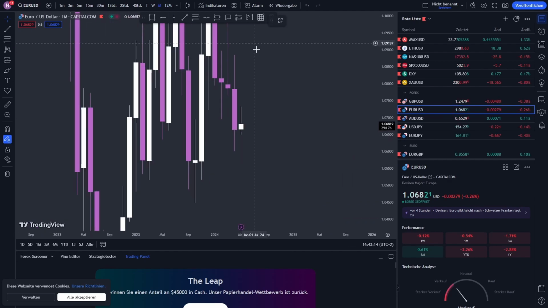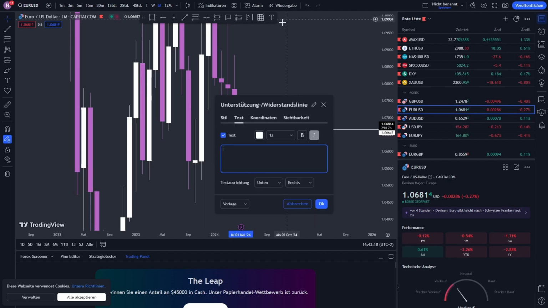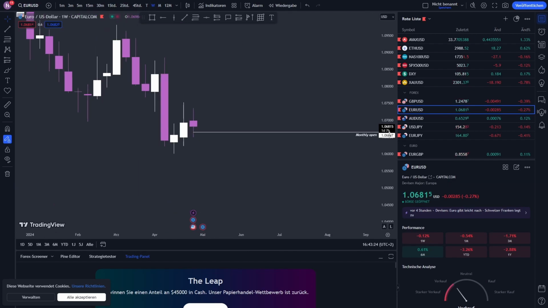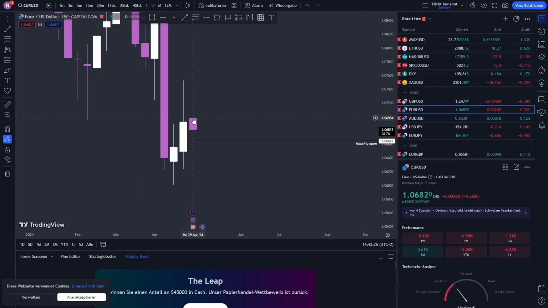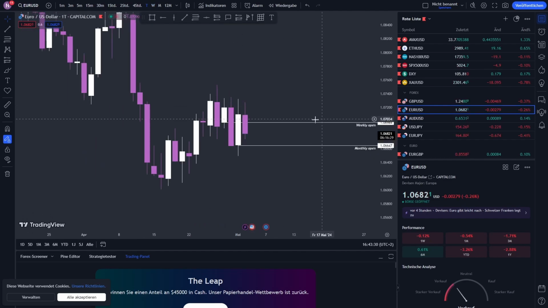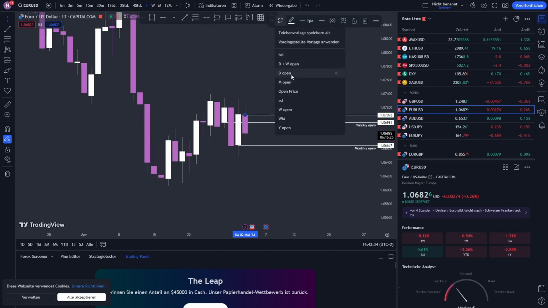The monthly open here, which is actually below that right now. The weekly open here. And the daily open. The other ones are not as important.